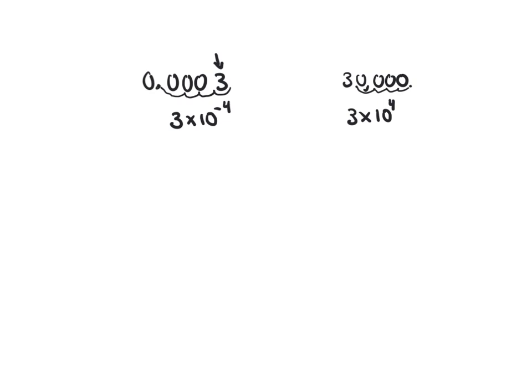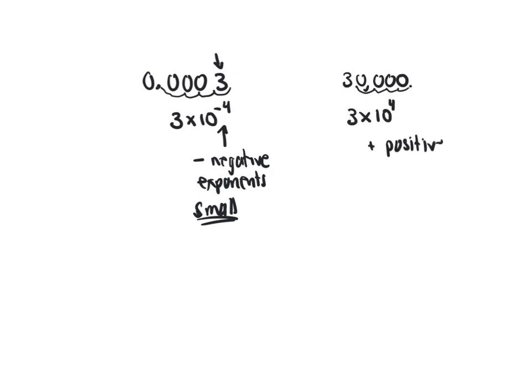That's a large number, and that exponent for the 10 will be positive. So scientific notation numbers that have negative exponents are small numbers, and those that have positive exponents are large numbers.